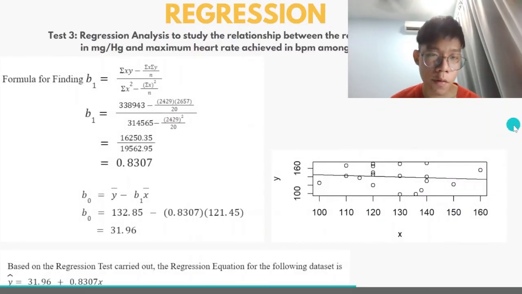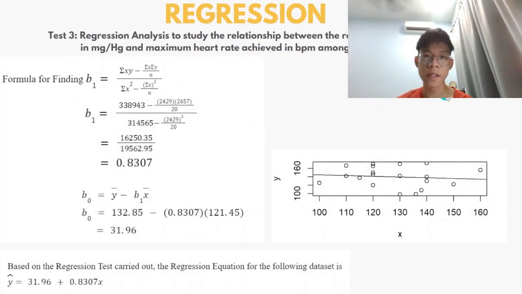Alright, so now I would like to present the regression analysis, which is the analysis to study the relationship between the resting blood pressure in mm/Hg and maximum heart rate achieved in BPM among respondents. As we can see, the regression analysis is perfectly correlated with the test and the variables that we selected.